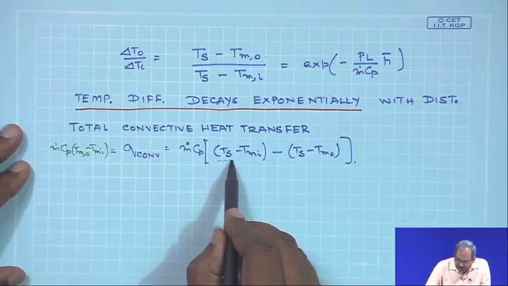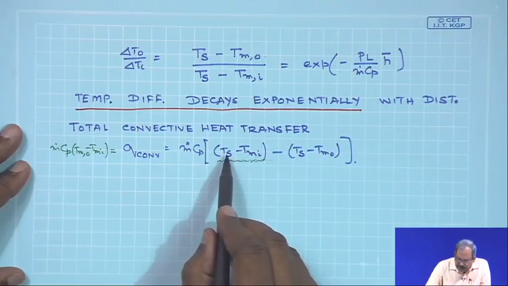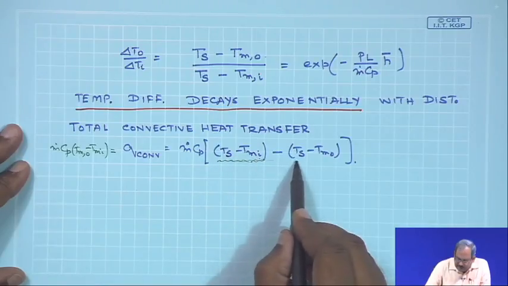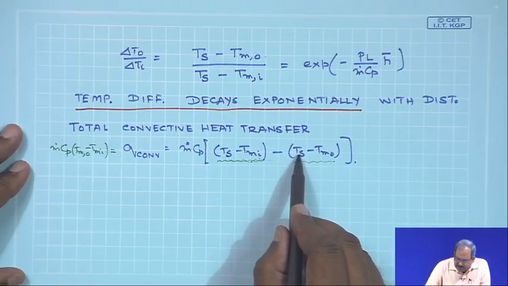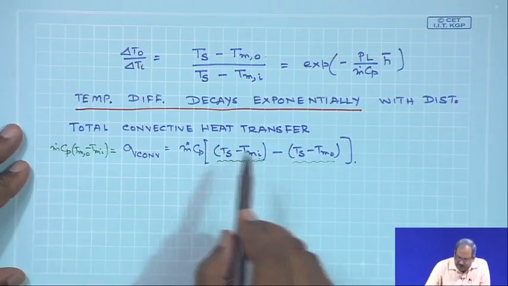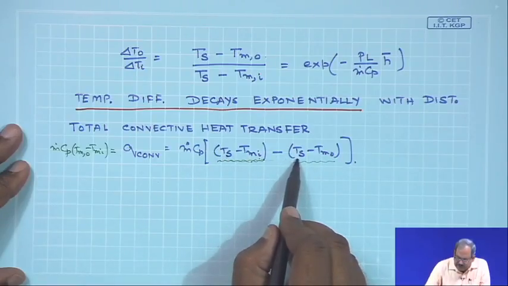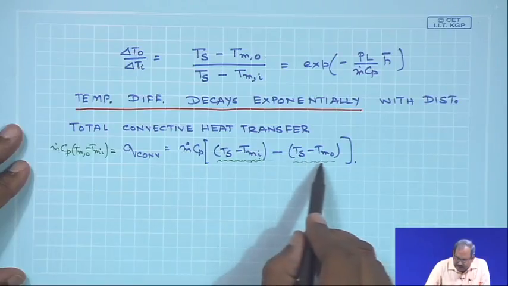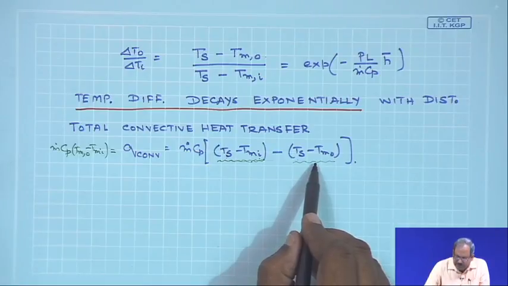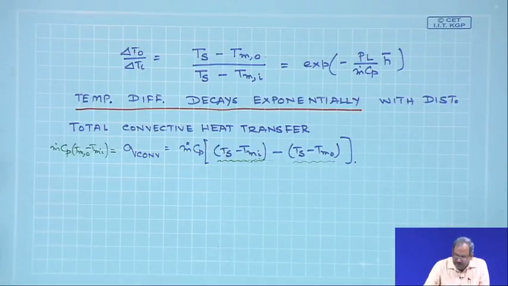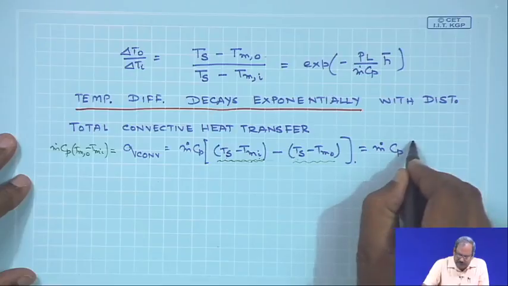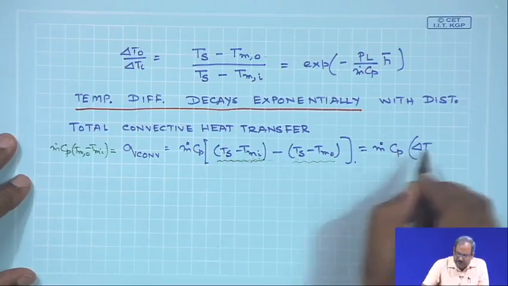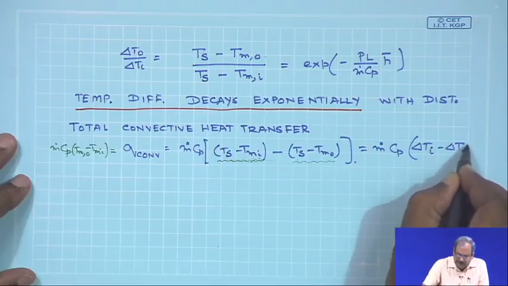When you look carefully, this is the temperature difference between the mean fluid temperature and the surface at location I, and this is the temperature difference between the mean temperature and the surface temperature at O. Also keep in mind that this Ts is a constant in both cases, as the entire analysis is being done for the case of constant surface temperature. So, I can write this as m dot Cp times delta T at the inlet minus delta T at the outlet.